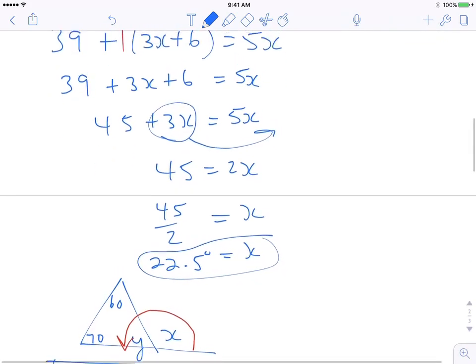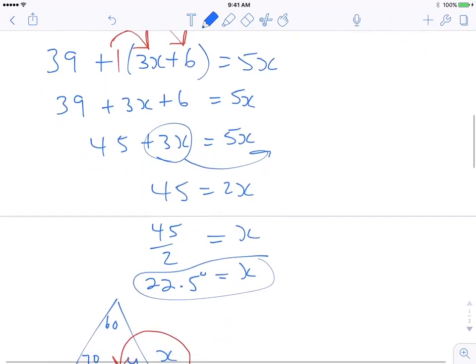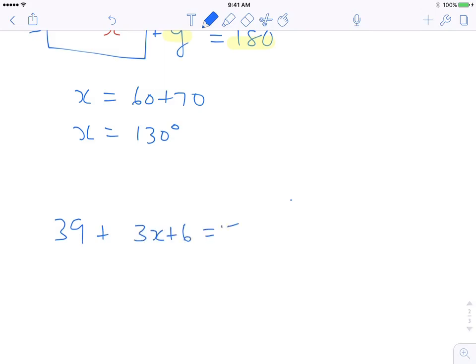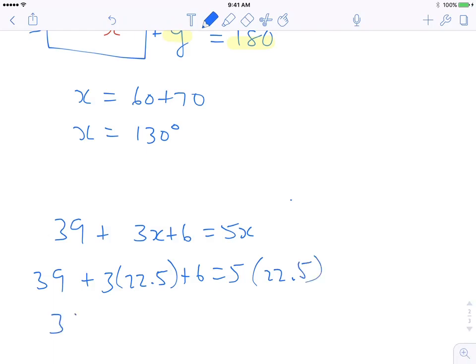Okay. We can check our work by saying 39 plus 3x plus 6 equal 5x, and subbing in 22.5 for x on both sides of the equation. So I get 39 plus 67.5. Let's double check, yes, 67.5.